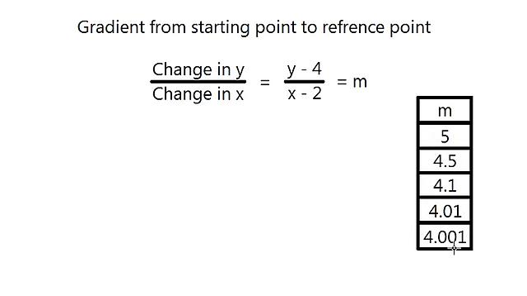But now you can see that there is a trend indeed to this sequence. As the change decreases to, well, near 0, the result of the gradient converges to 4.